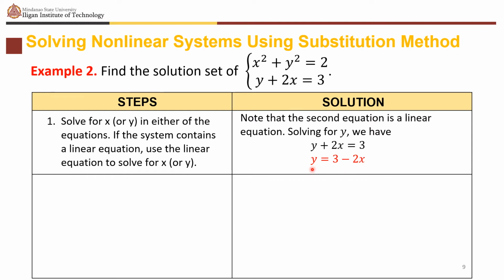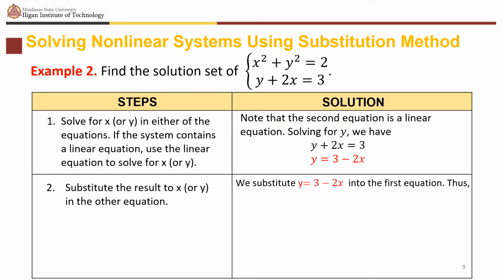From 3 minus 2x, we can now go to the second step. Substitute the result to x or y in the other equation. In this case, we substitute y equals 3 minus 2x into the first equation.